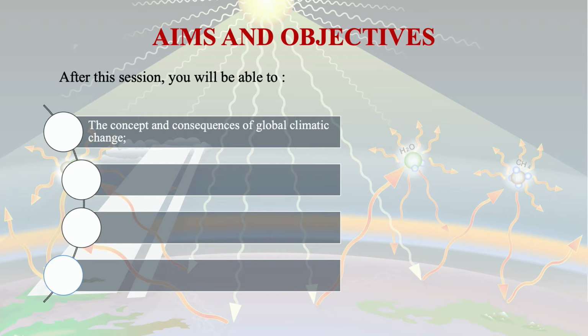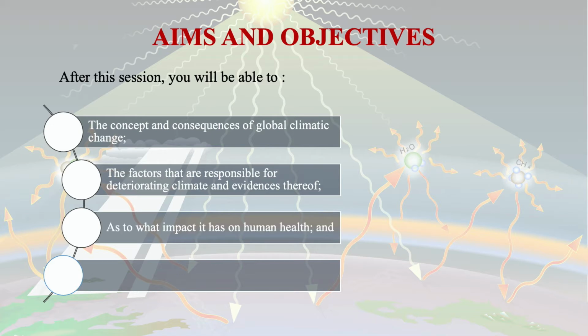It will also make you explain the factors that are responsible for deteriorating climate and evidences thereof. This session will make all of you examine what impact this climate change has on human health, and what methods humankind can take to prevent further damage to our environment.